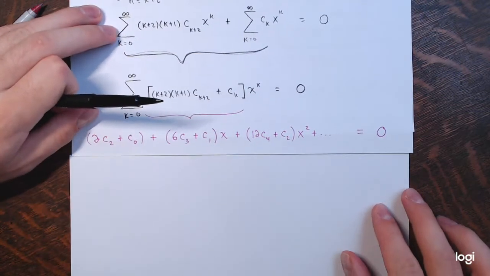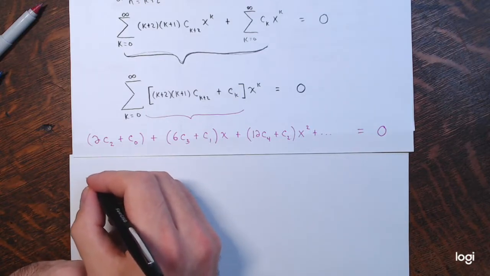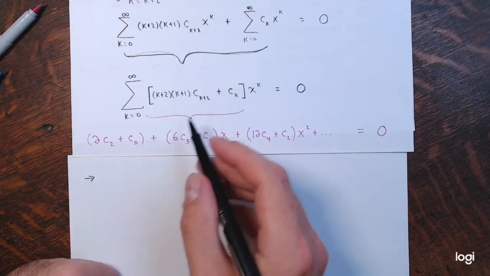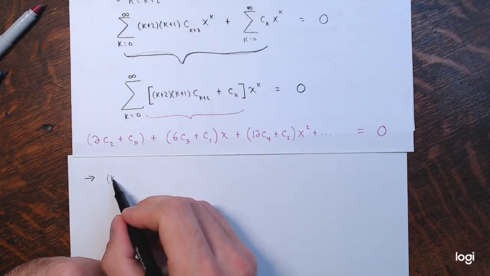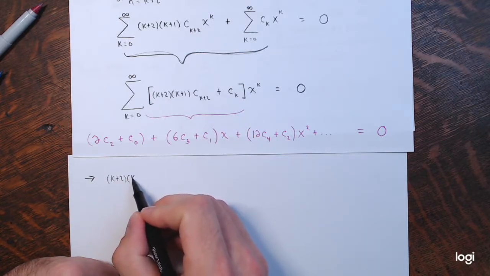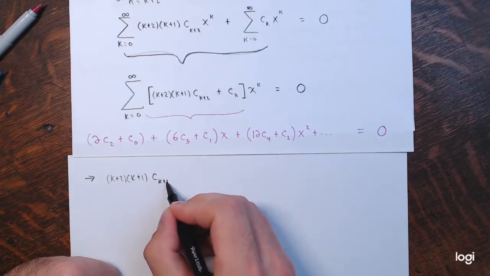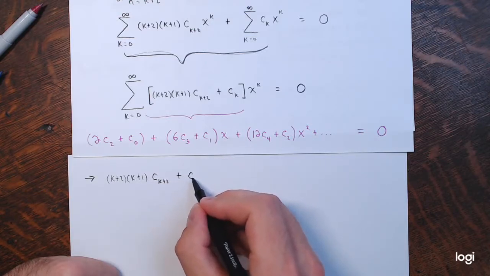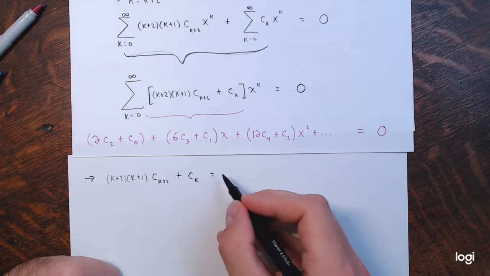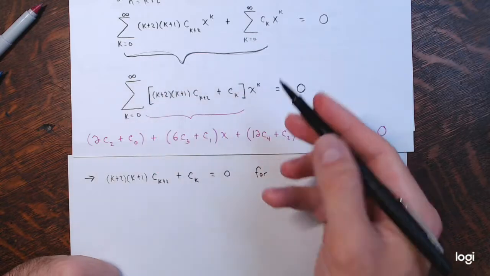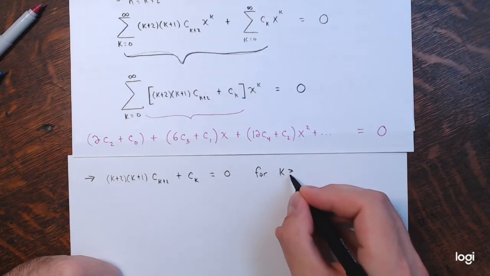So this previous statement implies that all these coefficients must be 0. The k plus 2 times k plus 1 times c sub k plus 2 plus c sub k, all those must be equal to 0 for k from 0 to infinity. So for k greater than or equal to 0.